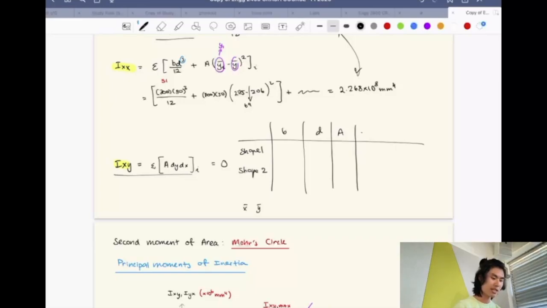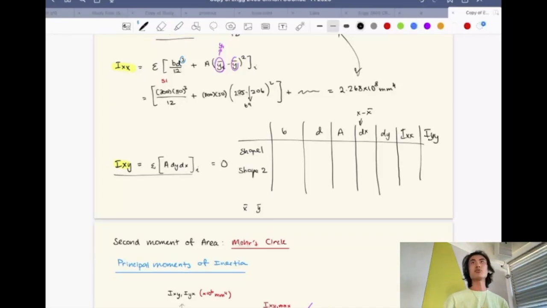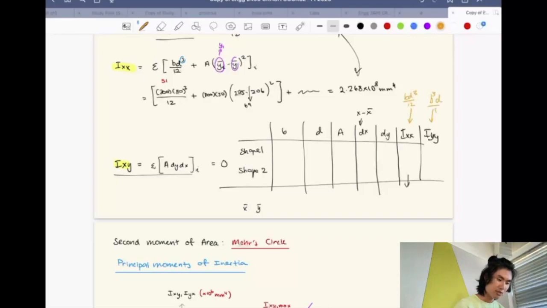Then you can find your dx, which is your x minus x bar, and then you can find your dy, and then your Ix, and then your Iyy. That's a really simple visual way of doing it, where this is BD cubed on 12, this is B cubed D on 12, and when you finish the table, you can just sum it all together. So that's a much quicker way to do it.